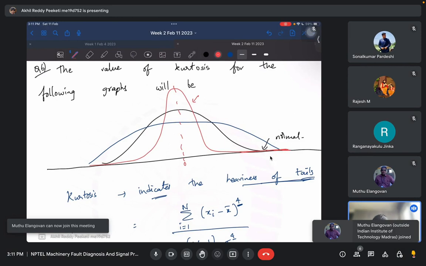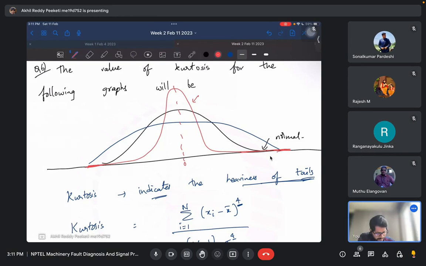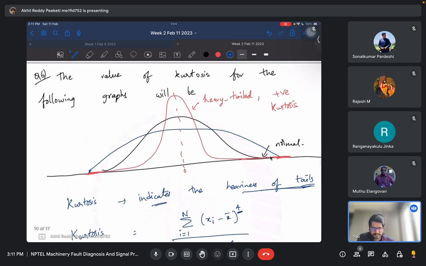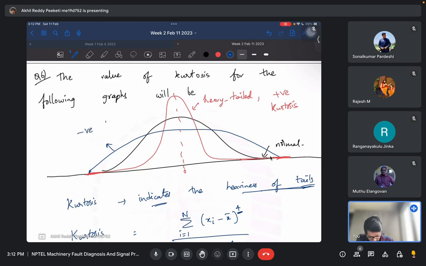Compared to its distribution, there are more extremes on both sides. So this is called heavy tailed, and this will have positive kurtosis value. Okay. And if you see the blue one, compared to the distribution, the tails are not that much. There are less tails. So this will have negative kurtosis value, and this would be low tail.